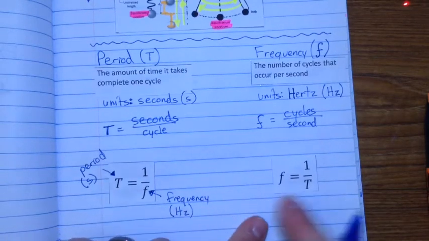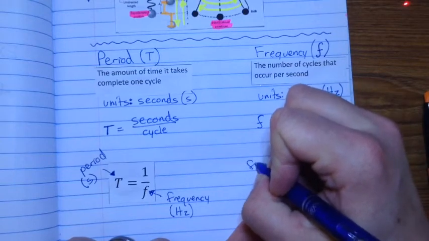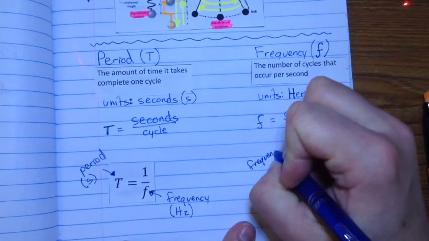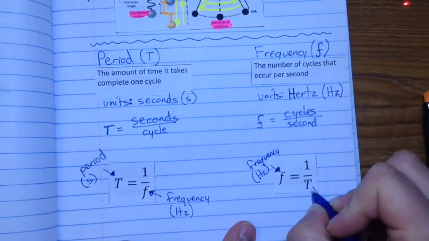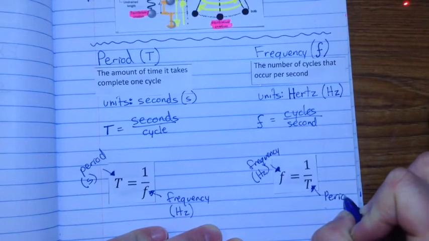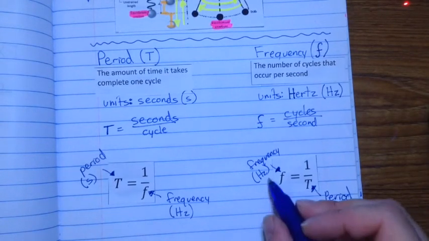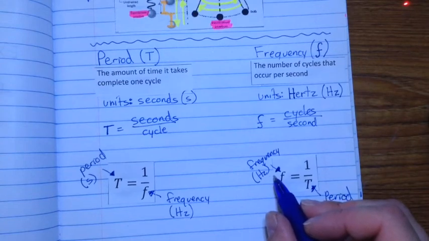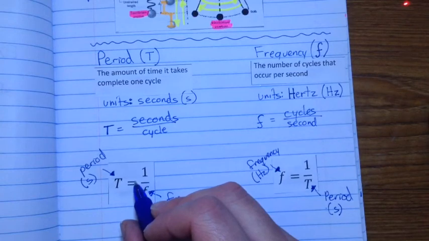Likewise, if I look at the other formula, if I'm solving for frequency in hertz, all I need to know is how many seconds it takes to do 1 cycle. So all I need to know is the period in seconds to calculate for the frequency in hertz. Likewise, if I know the frequency in hertz, I can calculate for the period in seconds.